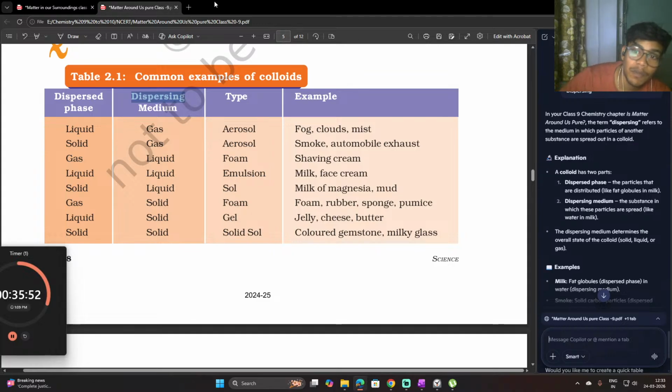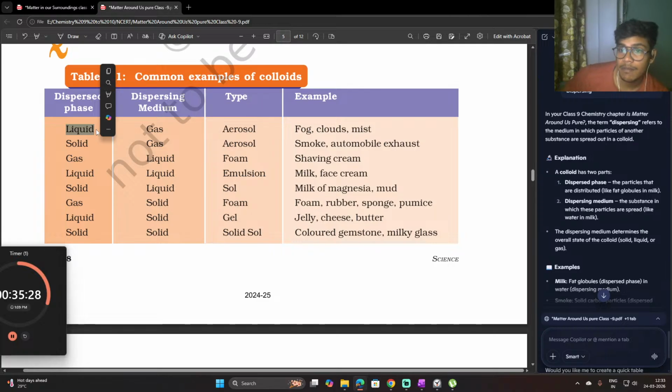You have to understand properly. The dispersed phase is where the particles are distributed, like fat globules and vitamins present in milk. Those are the dispersed phase particles.